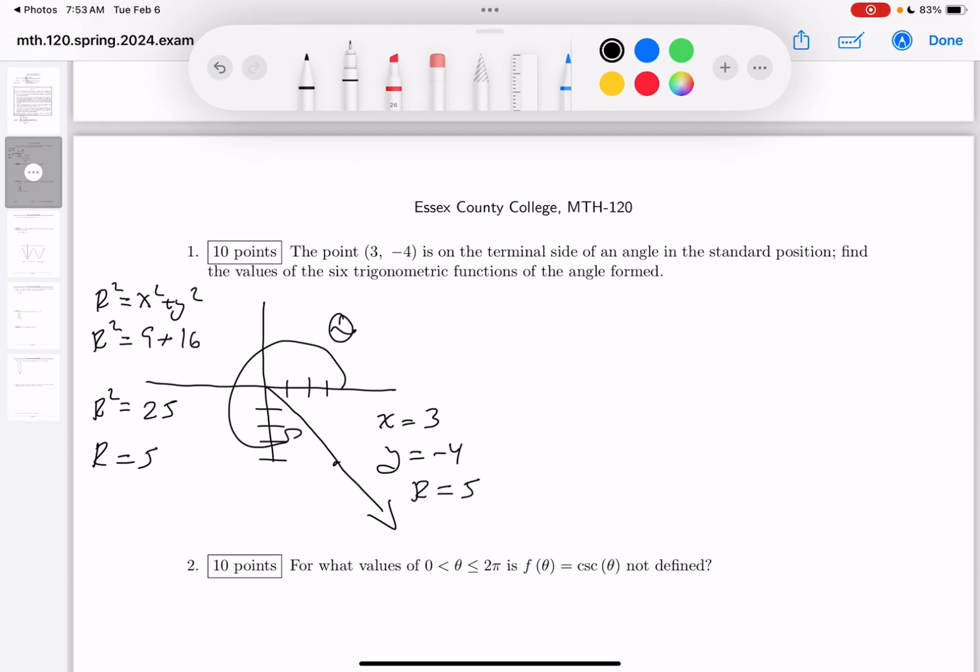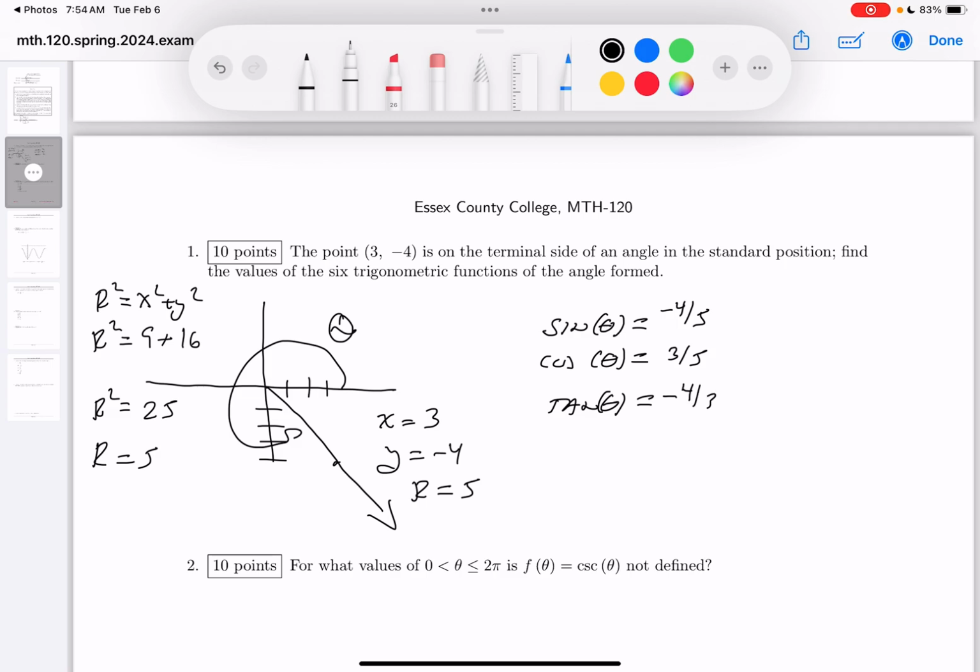And now I can start writing things down. I can write the sine of theta, the cosine of theta, and the tangent of theta down. The sine of theta is going to be -4/5. The cosine of theta is going to be 3/5. And the tangent of theta is going to be -4/3.